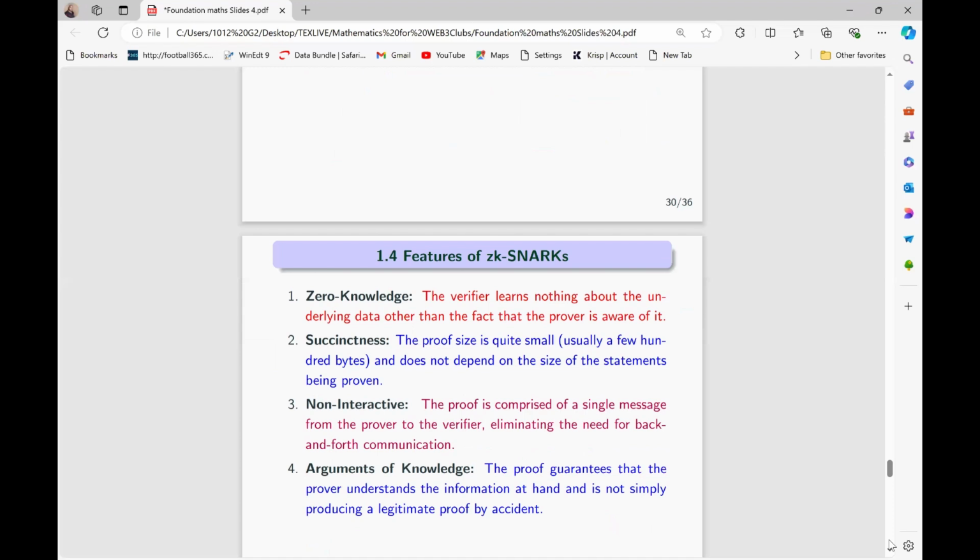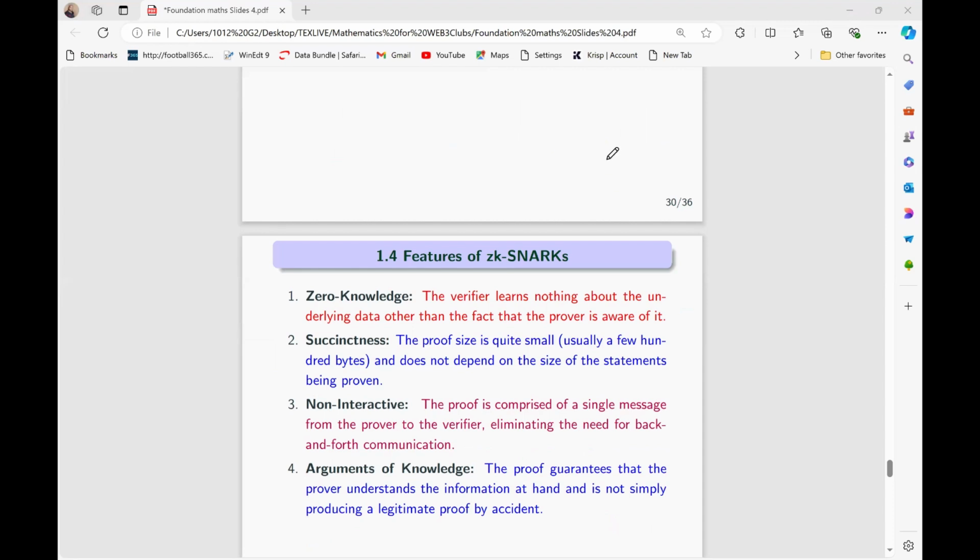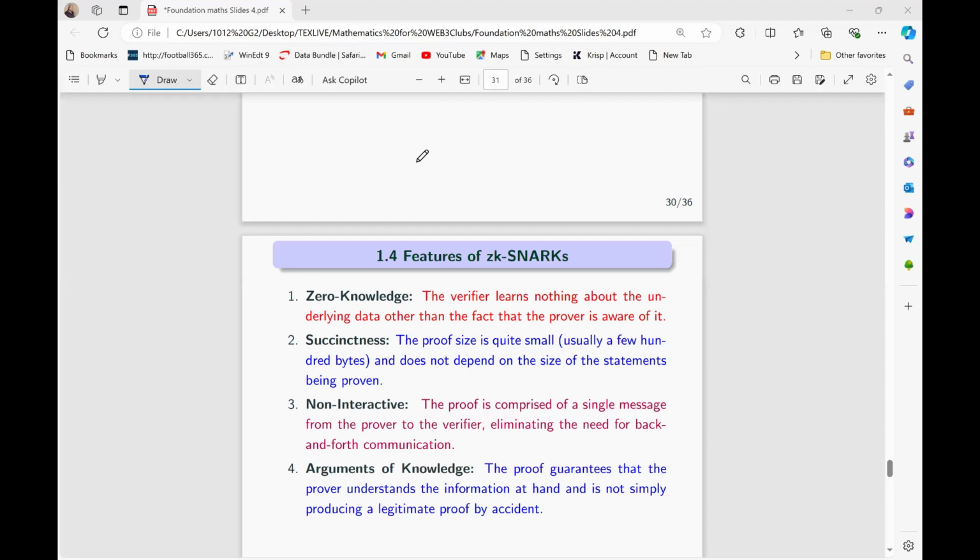Now, what are the features? That's what I said I'll come and break down, the name. The name begins with zero knowledge, ZK. So what does that mean? We had already talked about that.